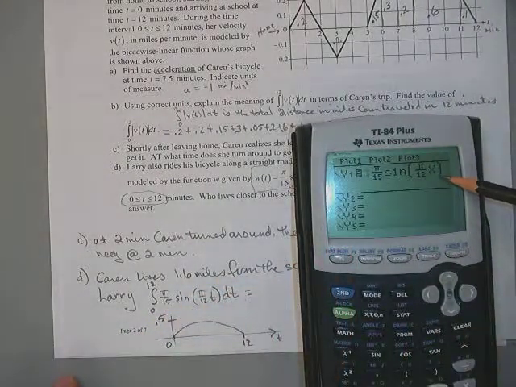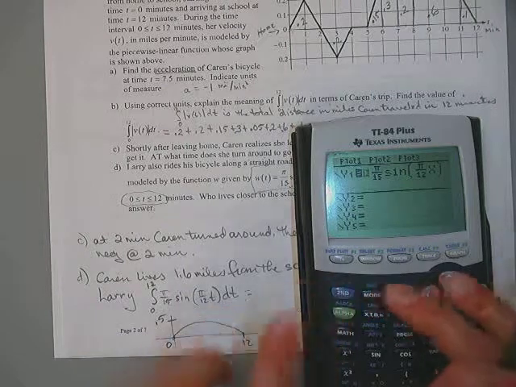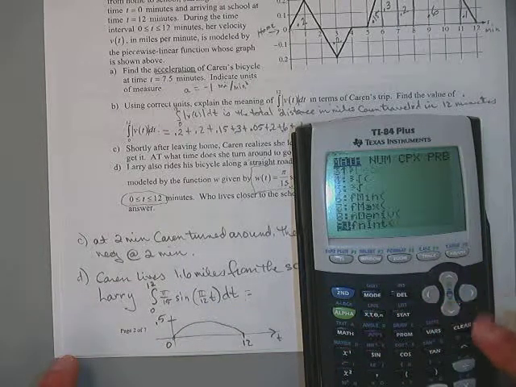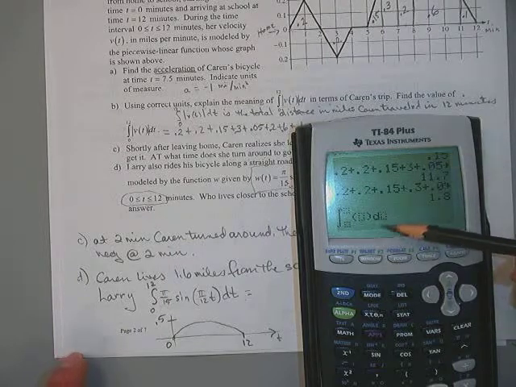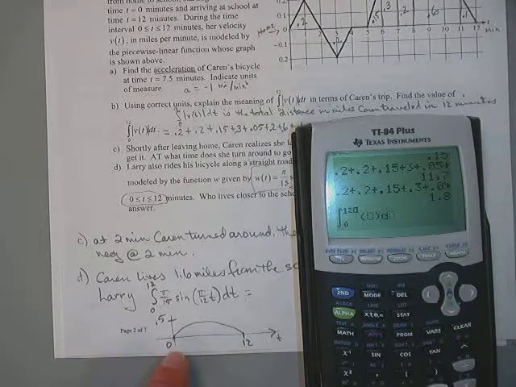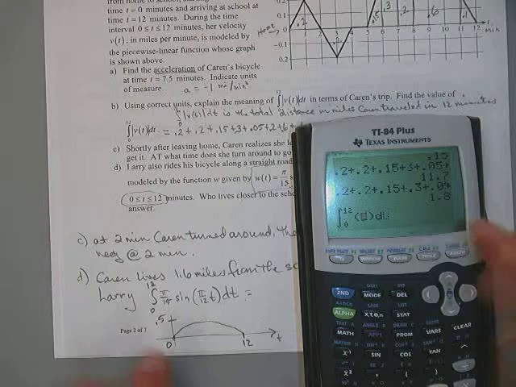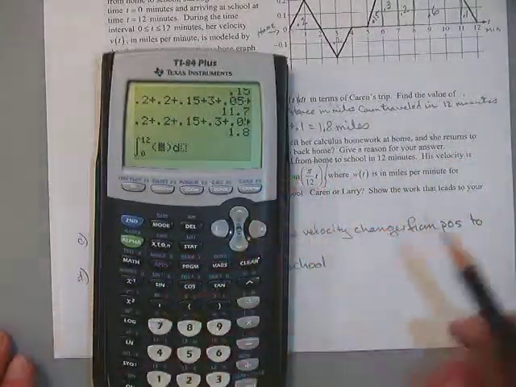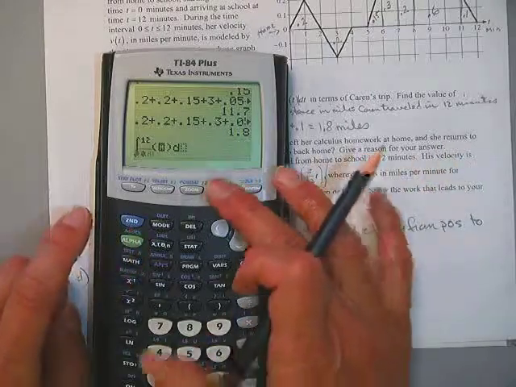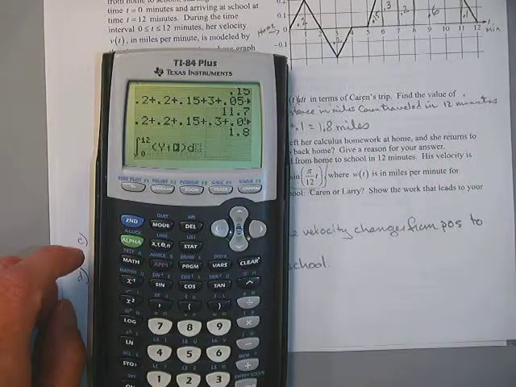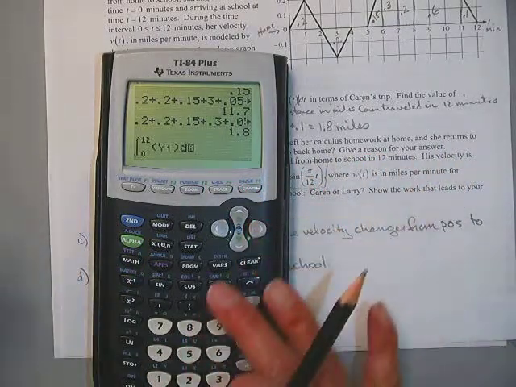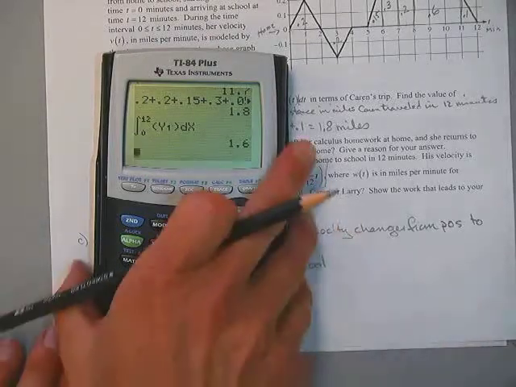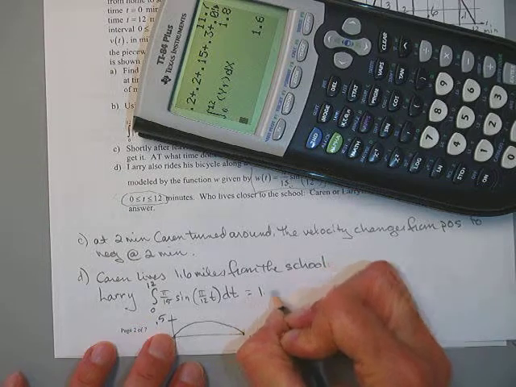So now, because I've already typed the function into y1, when I go to my home screen and do this integral, I'm going to go 0 to 12. I don't want to retype the whole function, you guys, because that just takes forever. It's already in y1, so I'm going to do alpha trace. There's y1, and just put it in and do dx. And there it is, 1.6.